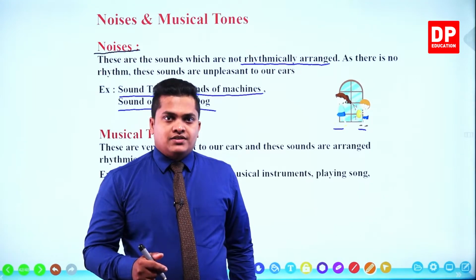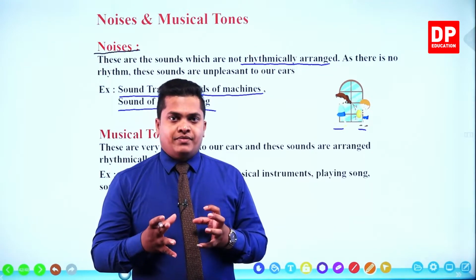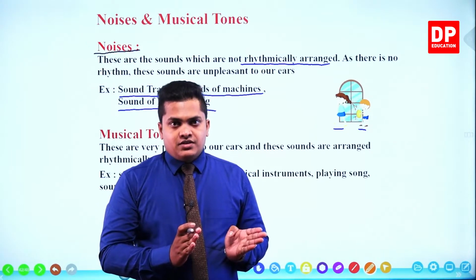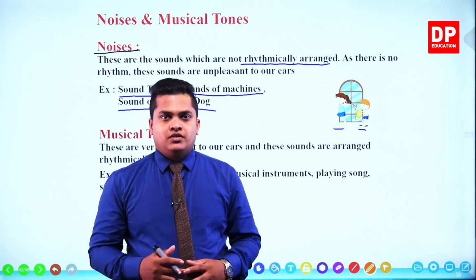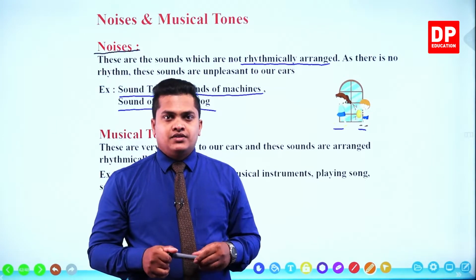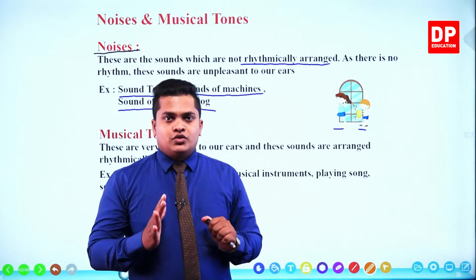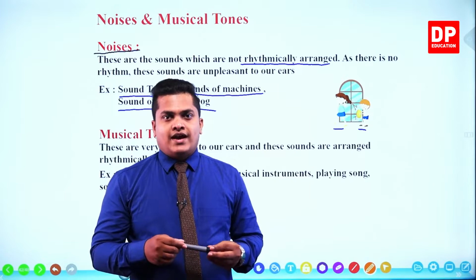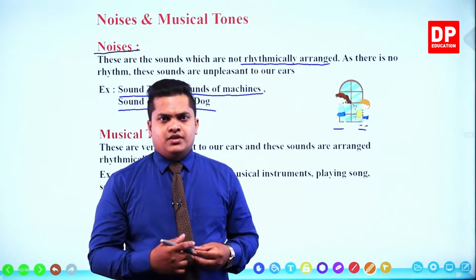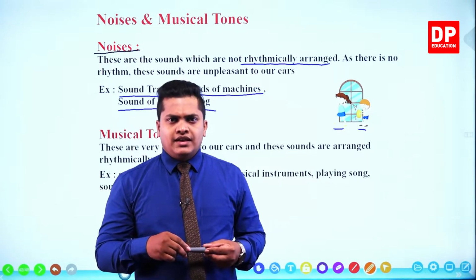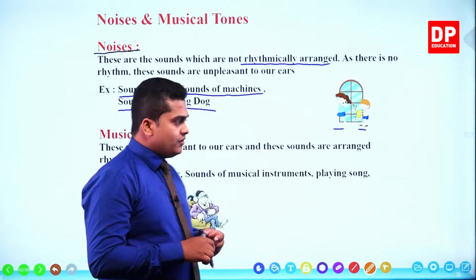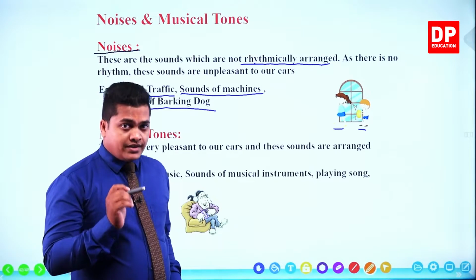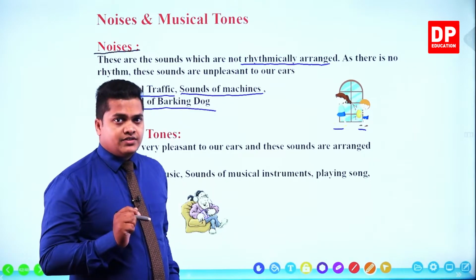At the beginning of our lesson, I told you that sounds can be divided into two main parts: natural sounds, whose sources occur naturally, and artificial, man-made sounds. So dogs are naturally occurring living things. Therefore, the sound of a barking dog is also a noise, but this is a natural noise.